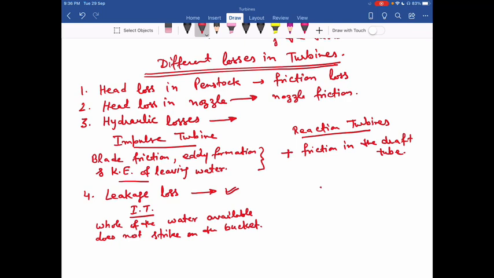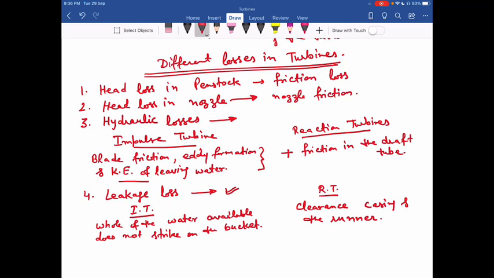Okay, now in case of reaction turbines, some of the water may be passing through the clearance between the casing and the runner. There is some gap between the casing and the runner, that is the clearance.